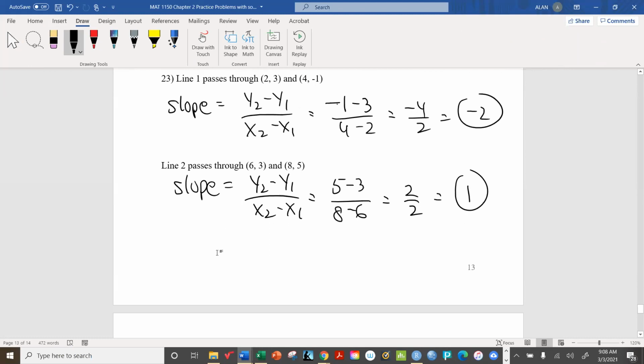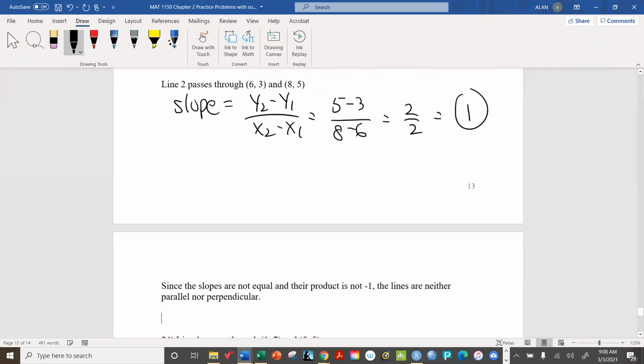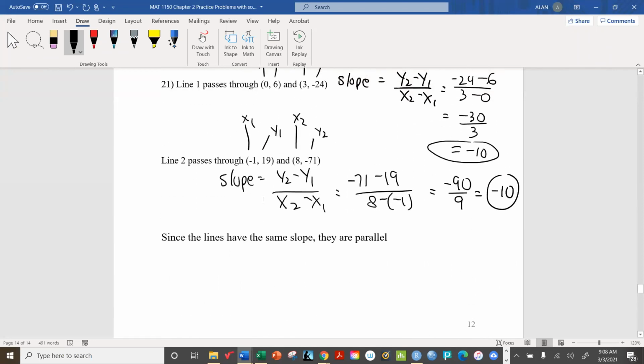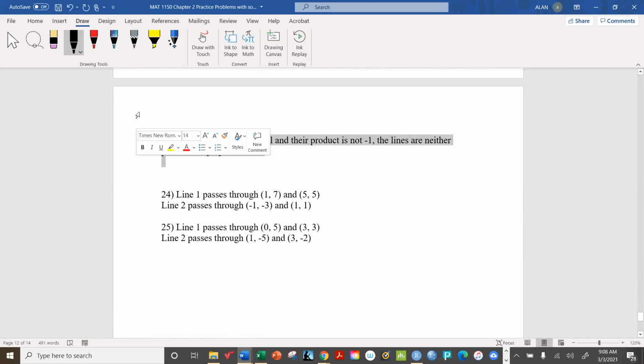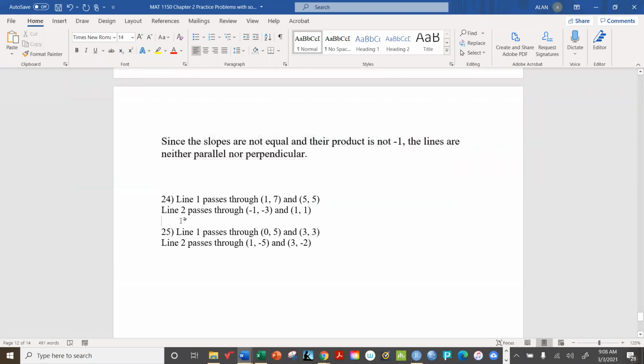So since the slopes are not equal and their product is not -1, the lines are neither parallel nor perpendicular. Okay, so that's another no for us. We had one so far, but we have two no's.